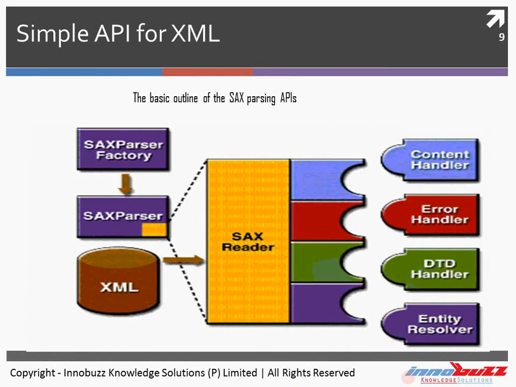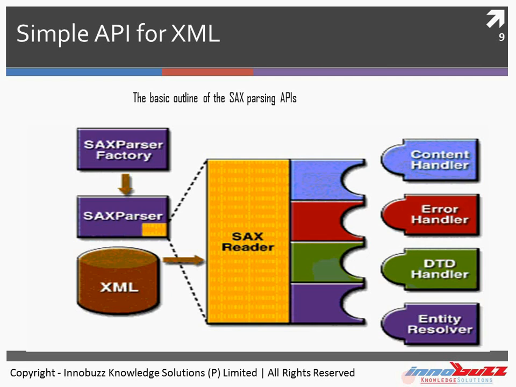When the parser's parse method is invoked, the reader invokes one of the several callback methods implemented in the application. Those methods are defined by the interfaces like ContentHandler, ErrorHandler, DTDHandler, and EntityResolver. We'll see all these interfaces in detail.